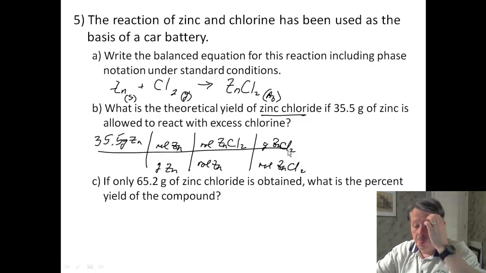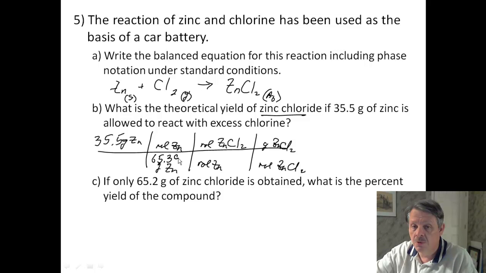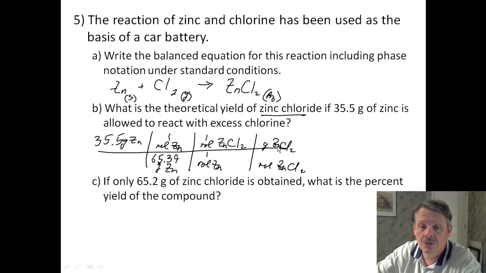I'm not going to waste your time going through all of the calculating stuff, but certainly for zinc, you just look it up on the periodic table. That's 65.39 in 1 mole. And because the equation is balanced and all of my coefficients are 1s, these are both 1s in here. The other thing I have to do is figure out the mass of zinc chloride. Well, zinc is 65.39.